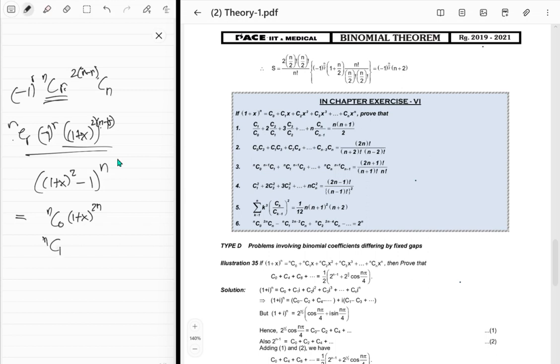And then you got nc1, but negative because negative 1 power 1, right? And then you got 1 plus x power 2n minus 2. So it will decrement by 2 all of the time, right? This power, because it's like 2 times of something that decrements by 1. And then so on, right? And they didn't put till what terms, they just made a dot dot dot.